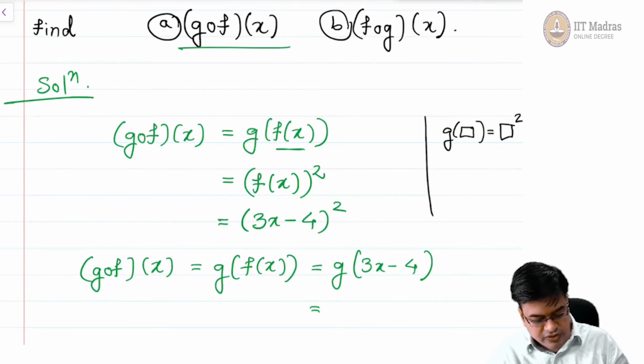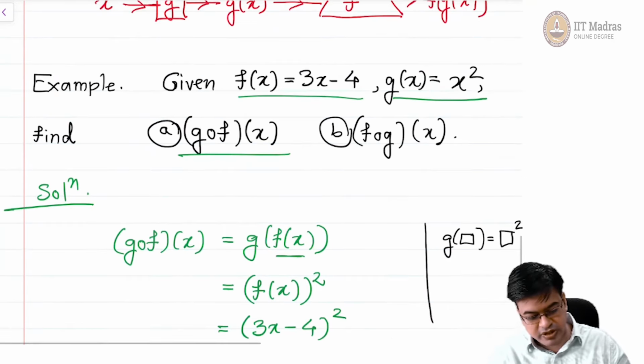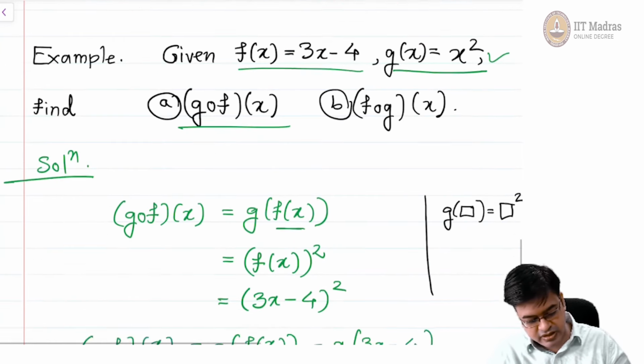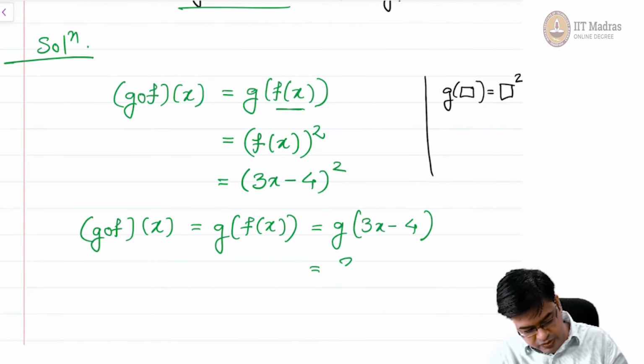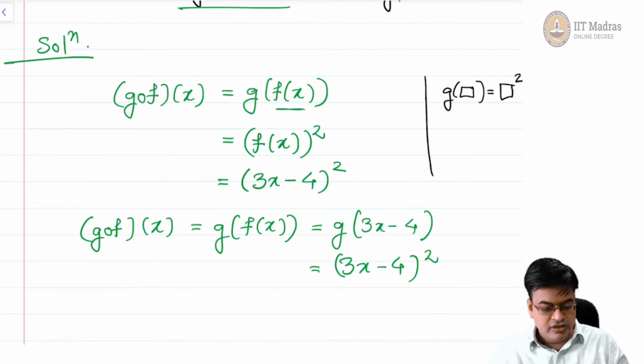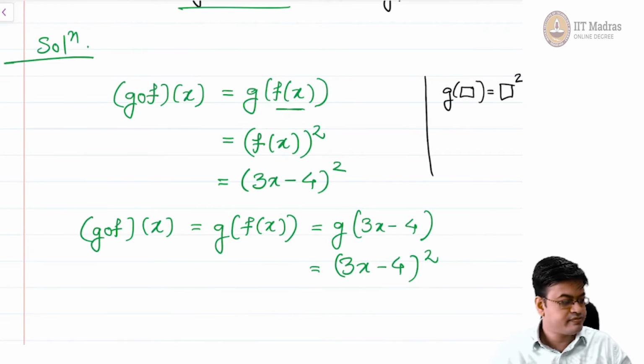And what is g of 3x minus 4? As per our question, g is x square, so g of 3x minus 4 will be 3x minus 4 the whole square. Whichever way is convenient to you, you proceed and you will get this answer.